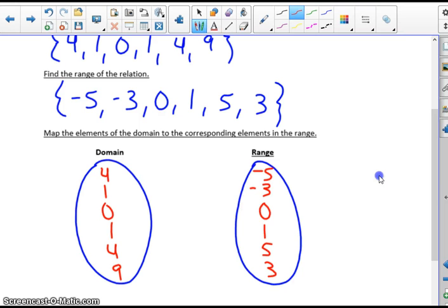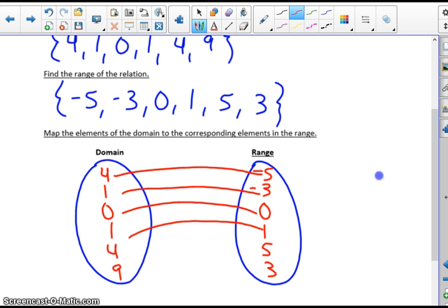So based on this relationship, I see that 4 maps to -5, 1 maps to -3, 0 maps to 0, 1 maps to 1, 4 maps to 5, and 9 maps to 3.